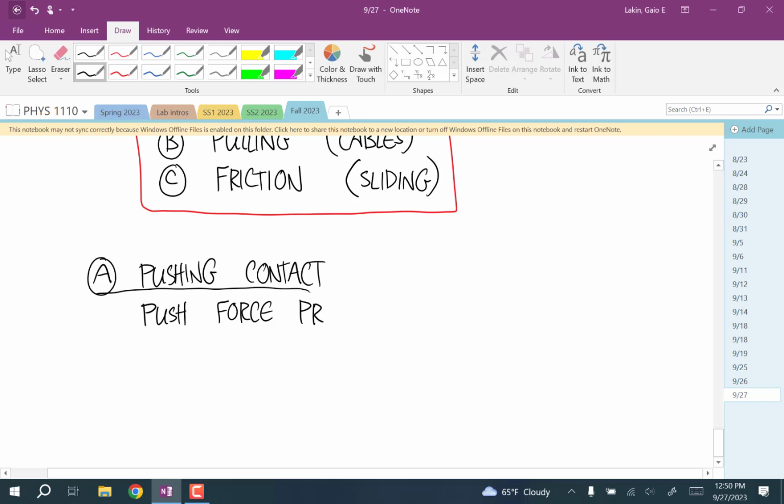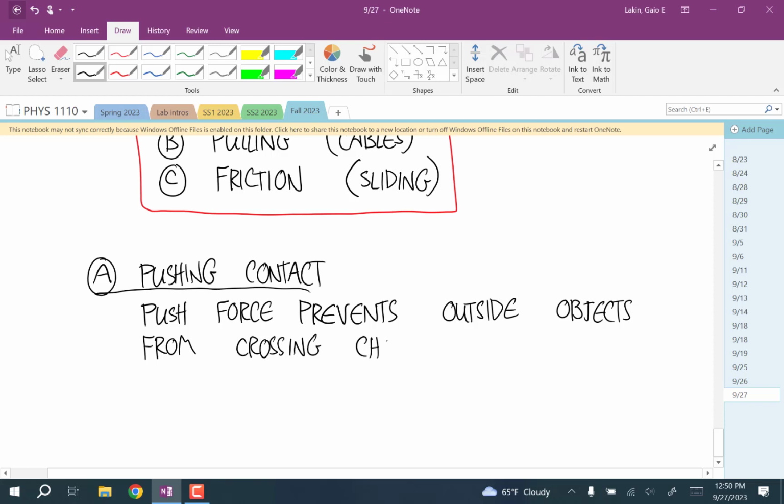So a push force prevents outside objects from crossing the chosen object's boundary.